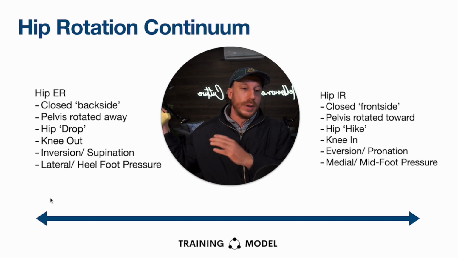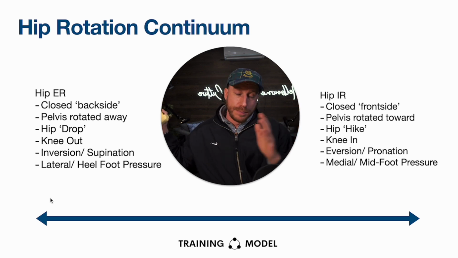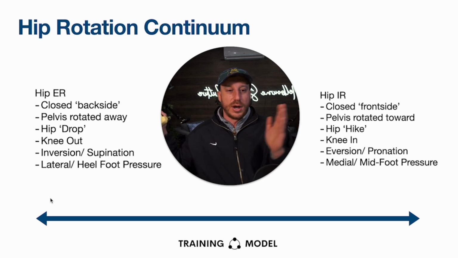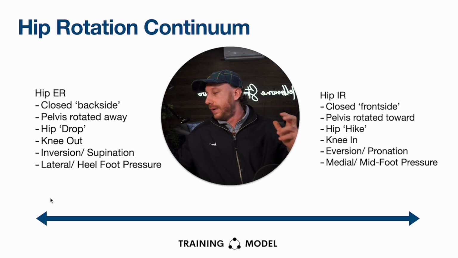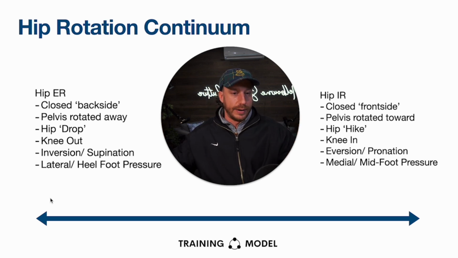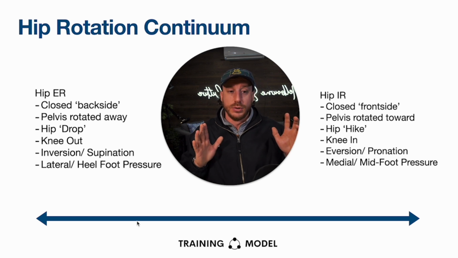Problems arise when we are stuck, or we don't know how to move, or we've got mobility restrictions or psychological blocks in moving into specific directions. The body should be able to move in all directions and explore these continuums so that it has those options available. So ultimately, that's why I like the continuum idea.